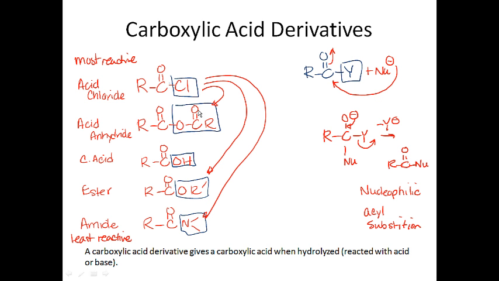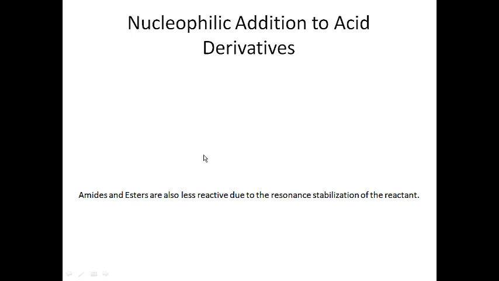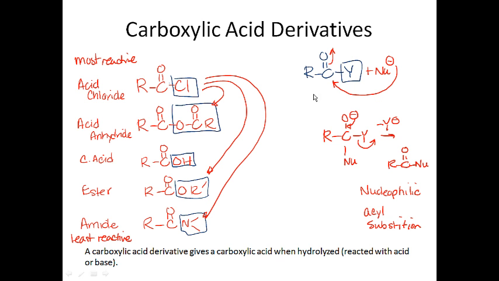So we can convert a molecule above to a molecule below. And we're going to go through the mechanisms of these different transformations as we go through each one of these functional groups from acid chlorides down to amides. So we're talking about nucleophilic acyl substitution as our reaction. Well, we've already seen that the nucleophilic addition to the acid derivatives occurs by this mechanism.